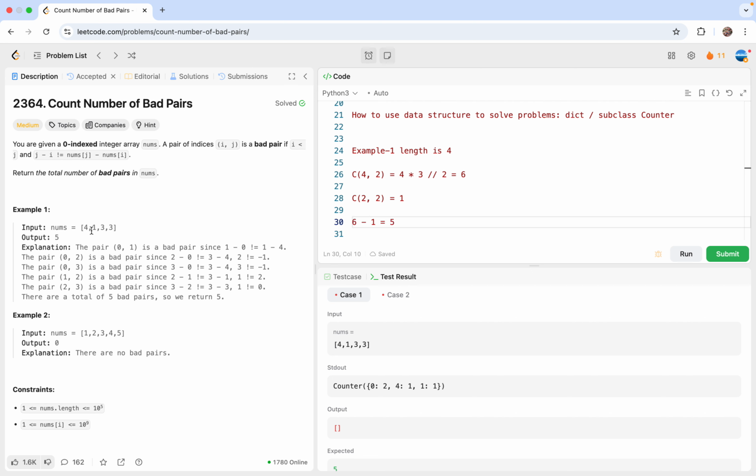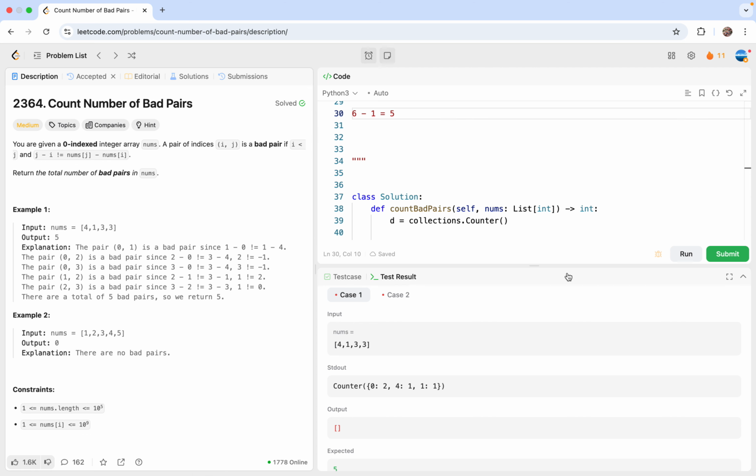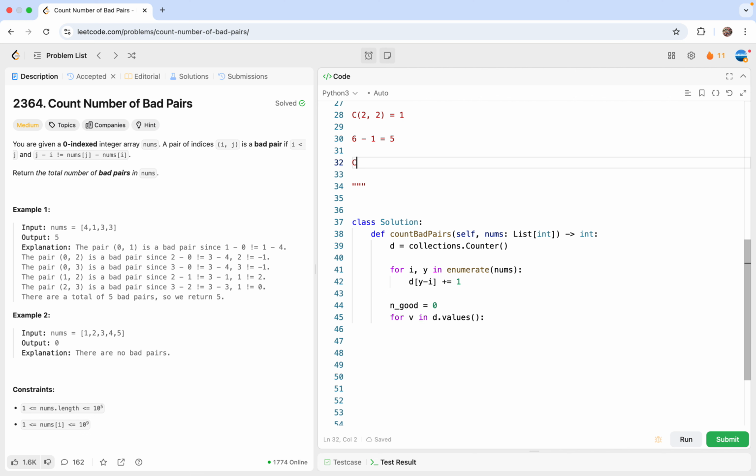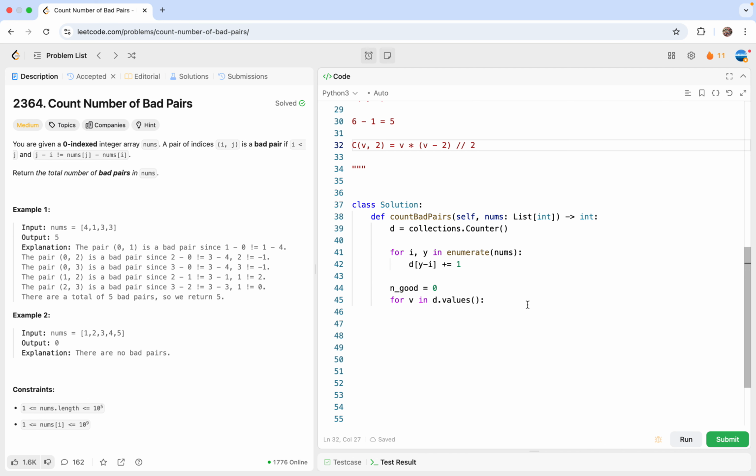That's the return. Now in the generic case, how do we do this? Let me first get the number of good pairs. We just need to iterate over the values, for v in d.values. If v is 1 or 0, you choose 2 out of v, that is v times v minus 1 over 2, and add this to n_good.